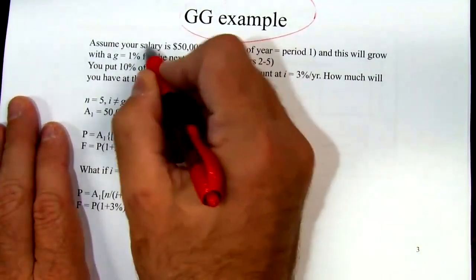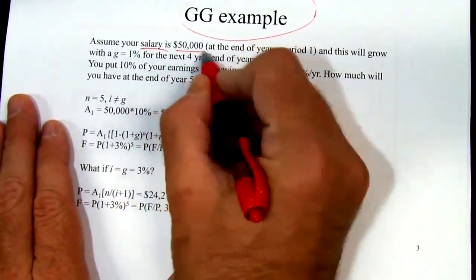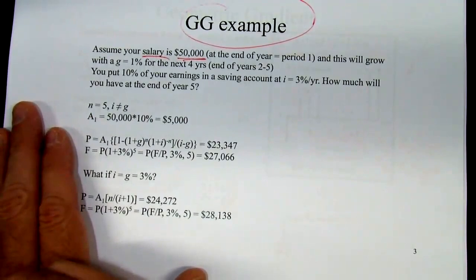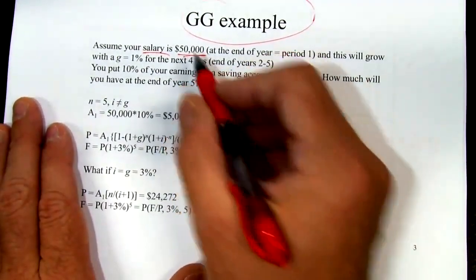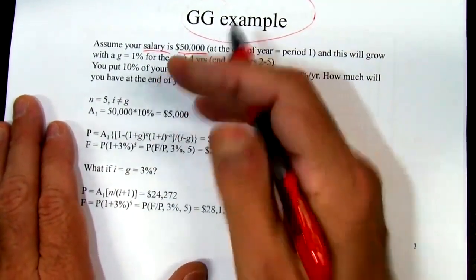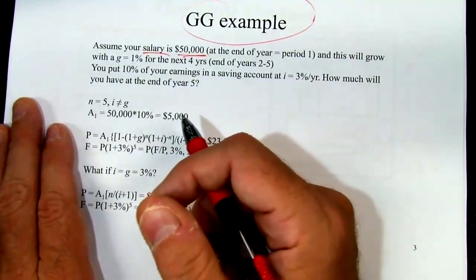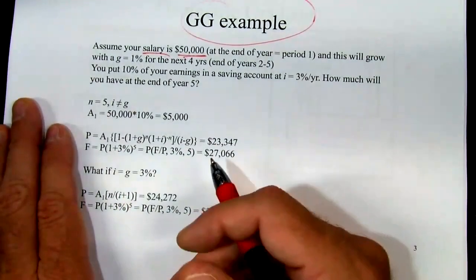Okay, you get a job and your salary, to make it easier, is $50,000 per year. Okay, so assume, again to make it easier, that you get the money all at the end of the period. Even if you don't make the assumption, you can use the end of the period convention.